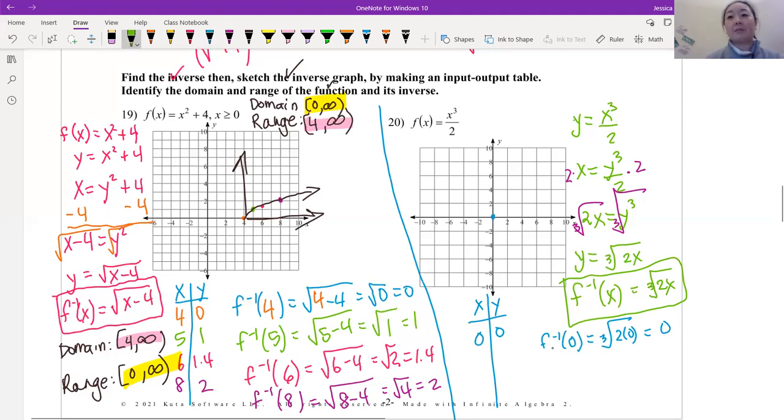Then let's try another point. Let's try 1, right? So 2 times 1. Oh, this doesn't give us a perfect cube, though, does it? That's going to be 2.